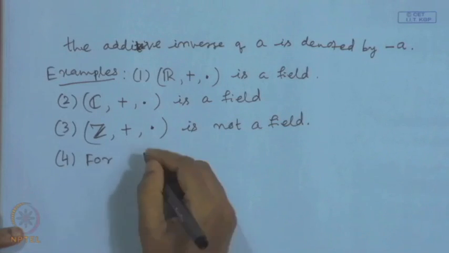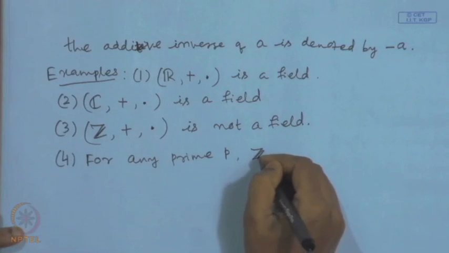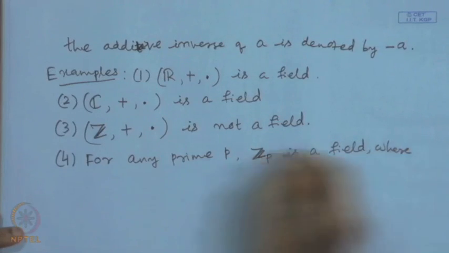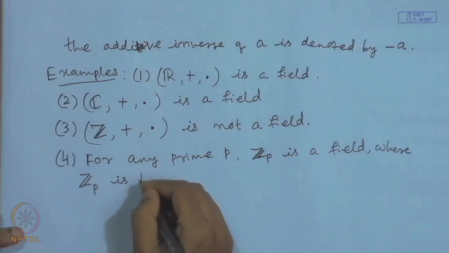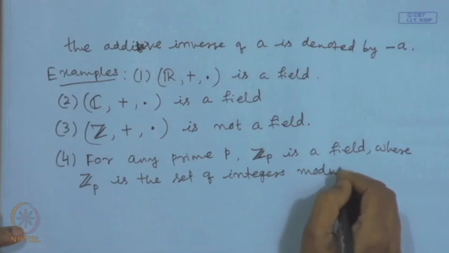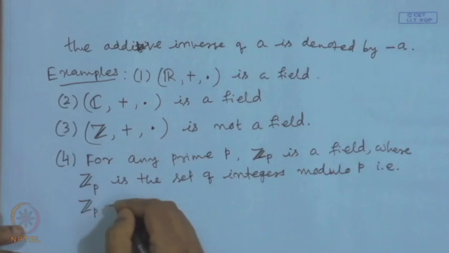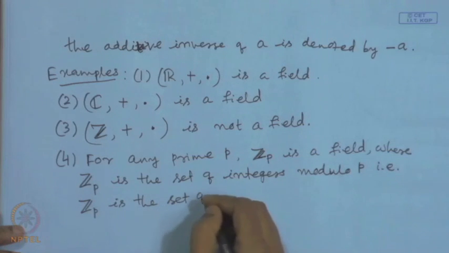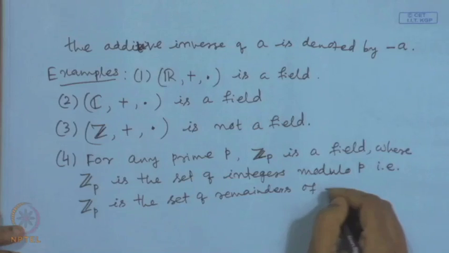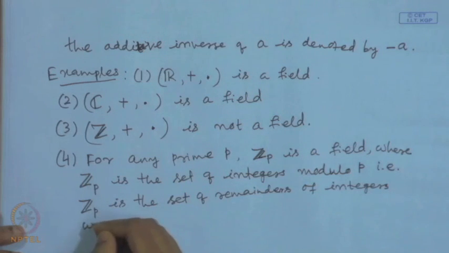For any prime P, ZP is a field where ZP is the set of integers modulo P, that is, in other words, ZP is the set of remainders of integers when divided by P.